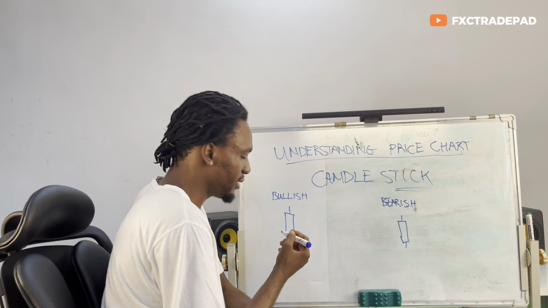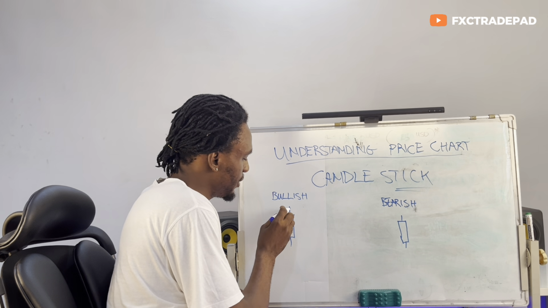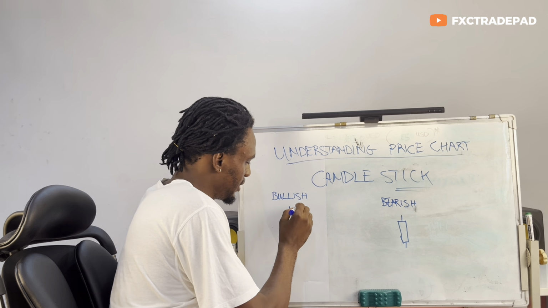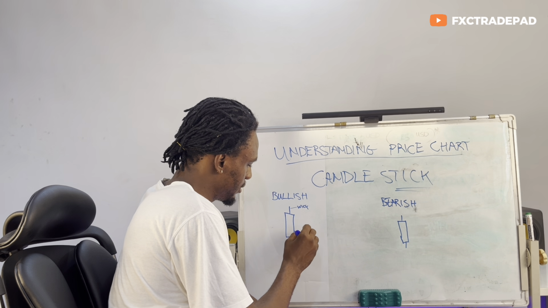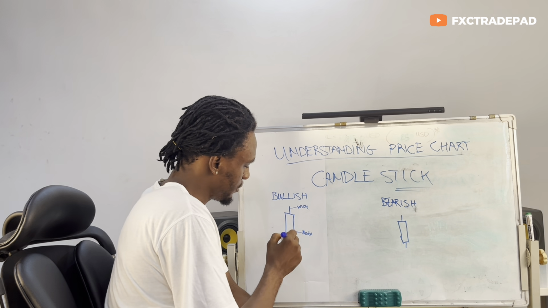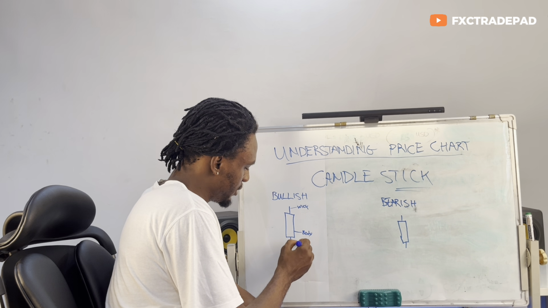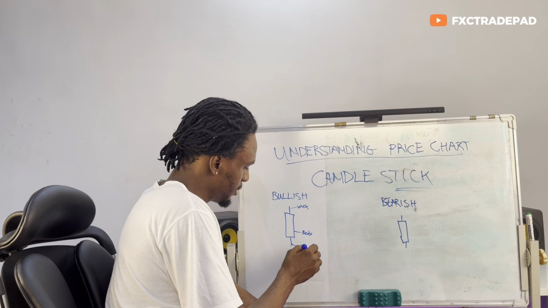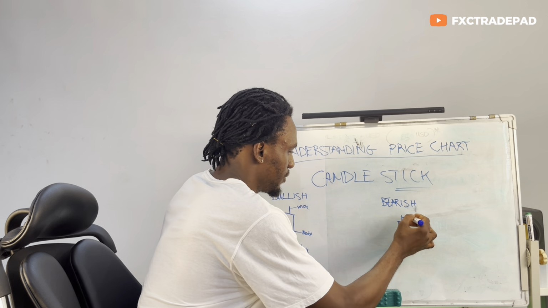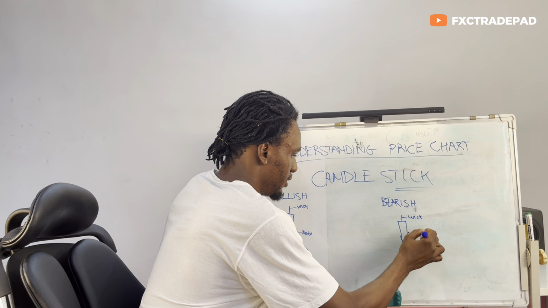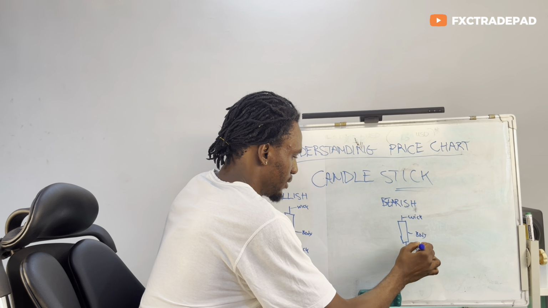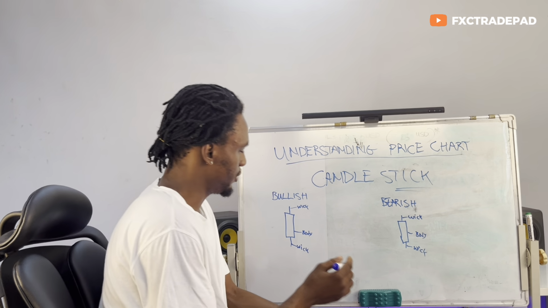So on the labeling, one thing you need to understand is that you already know what this is, right? Yes, you are correct, wick. You already know what this is, right? Body. You already know what this is, wick. So the same thing applies to this, wick, body, wick. All right, you know all these things.